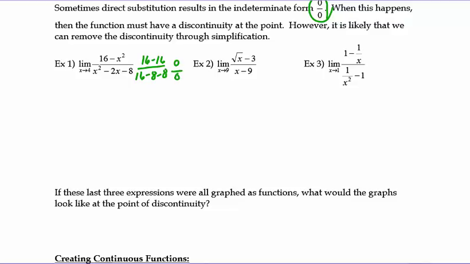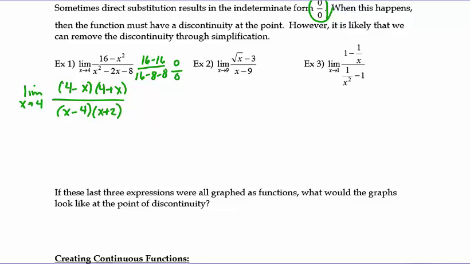When I have a 0 over 0, it gives me a chance to say, you know what, I bet something cancels. So then you're going to say, well, if something cancels, that means I can simplify. So this limit, as x approaches 4, is rewritten as (4 minus x)(4 plus x) over (x minus 4)(x plus 2).